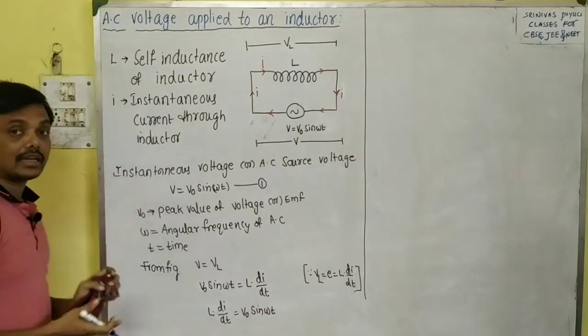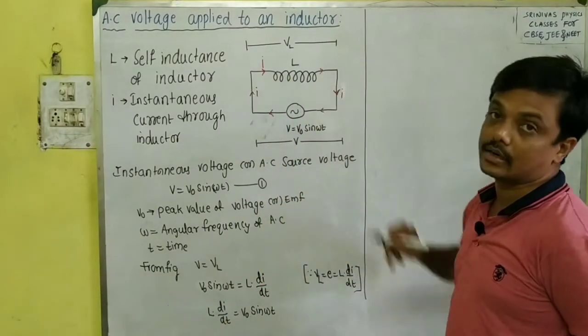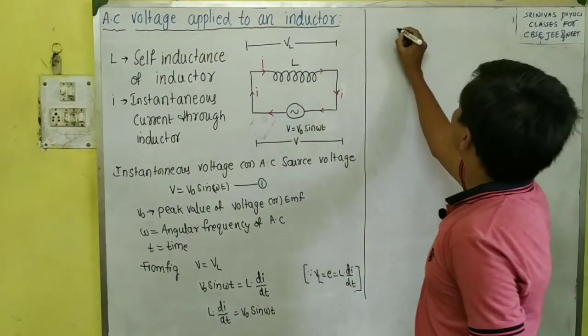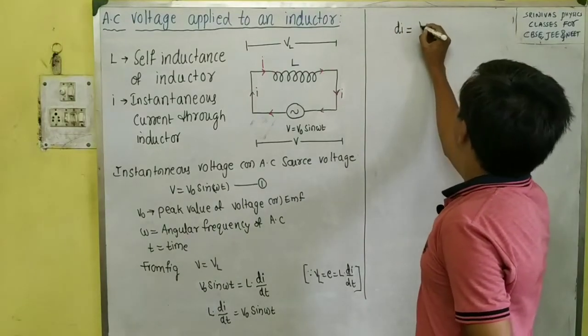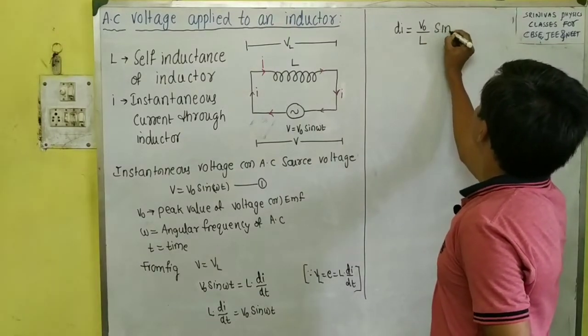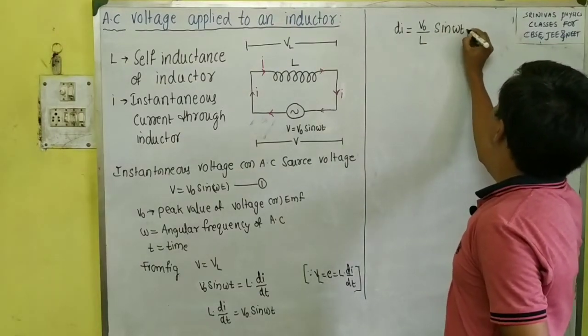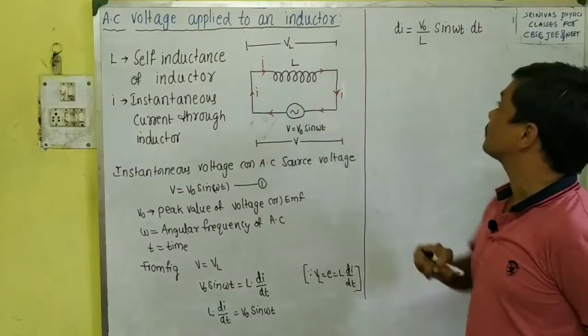I want the di formula. Finally I want to derive the formula for the current through the inductor. For that, di is equal to V0 by L into sin omega t dt. This is a small change in current through the inductor.